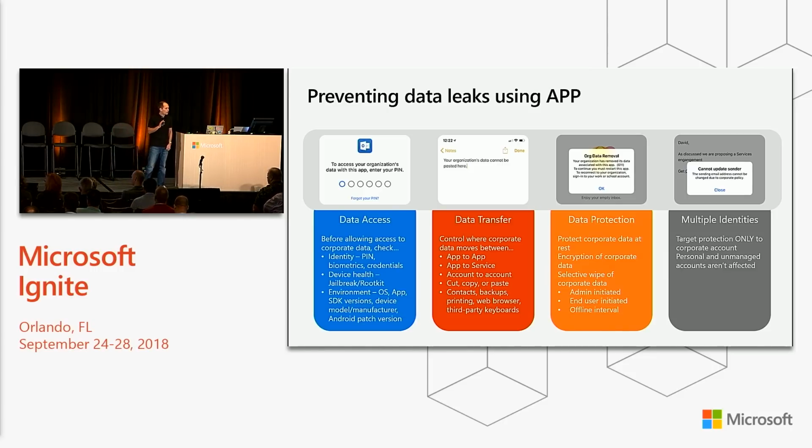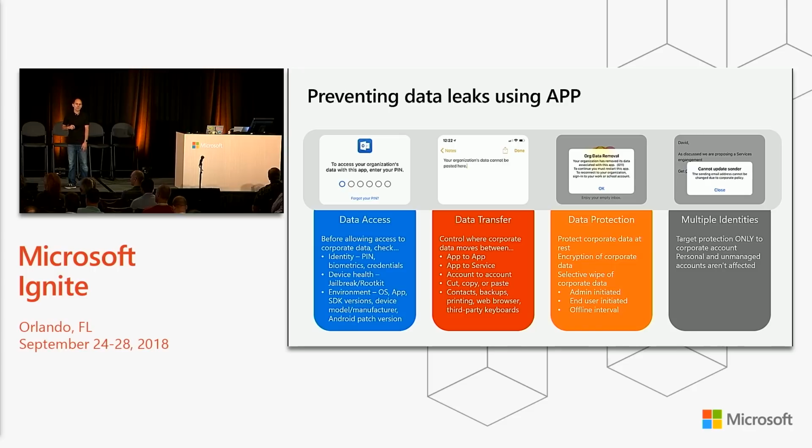So our app policies are designed with the multiple identity construct in mind, and we can apply and target protections to the corporate identity. Because remember, everything we've done from an EMS perspective is grounded in the construct of the identity. That is where everything occurs. So we can protect only the corporate data and leave the personal data alone.